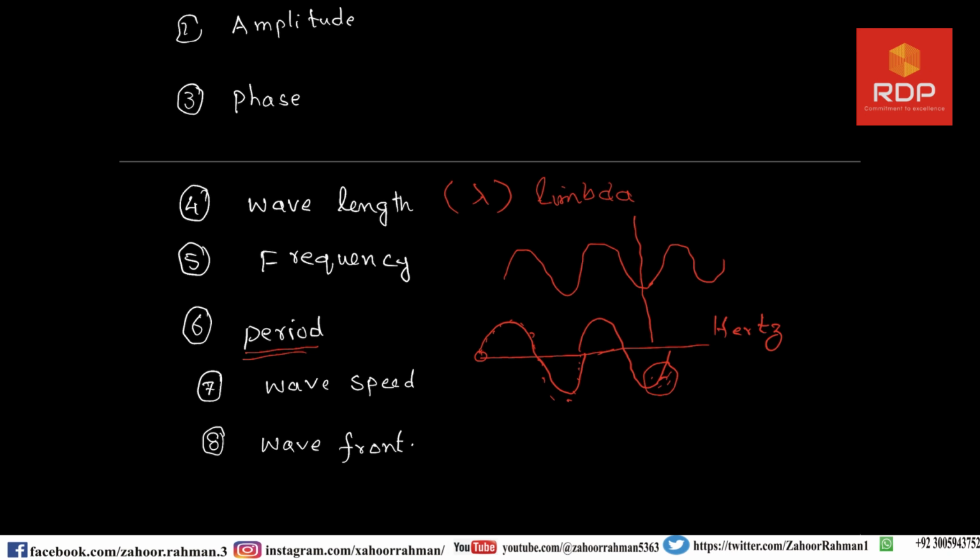For example, if a wave is starting from here and is going and again coming to that position, then it means that it is one wave. The time is noted by the stopwatch, and we can say that one wave is produced in 1 second, so the time period is 1.